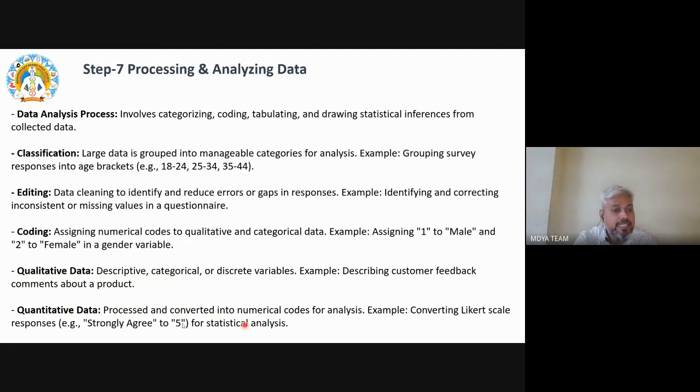For example, Likert scale responses from strongly agree to strongly disagree and between them. You give numbers to strongly agree and so on, and you do a statistical analysis after giving numbers. You do not analyze strongly agree, you analyze the numbers behind it. So that is quantitative data.